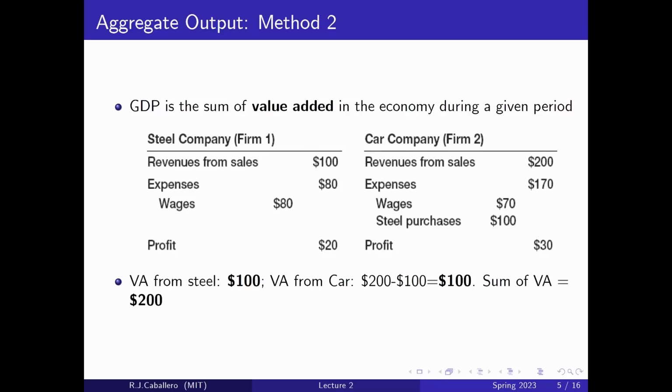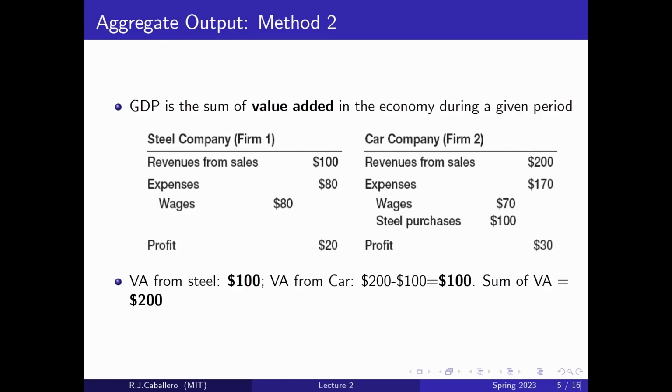And so this $100 is completely value added. There are no expenses on intermediate inputs. For the car company, however, the revenue from sales is 200, but the company spends 100 on intermediate inputs. Therefore, the value added of this company is 200 minus 100. So you get 100 value added from this one, 100 value added from that one, total value added 200.